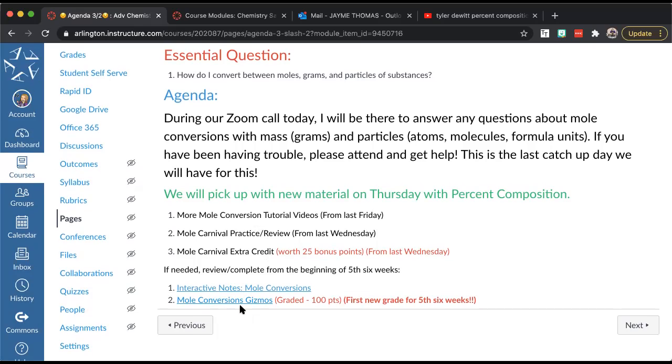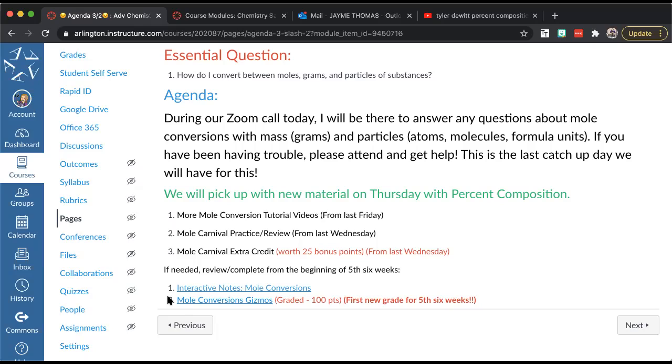This is what we did before all of the winter weather stuff. So you have the notes for mole conversions, and then you have the mole conversion Gizmos. Right now, that is the only grade we have for the 6 weeks. So if you have completed that and turned it in, I will be grading it later this week to put into the grade book, because even though I know we've barely done anything, this Friday is the end of 3 weeks and progress reports are next Monday.